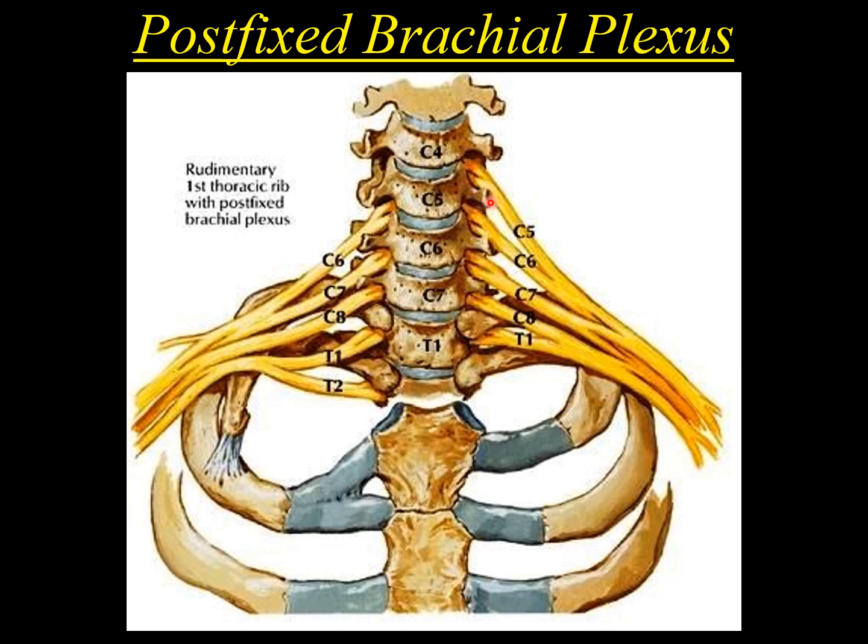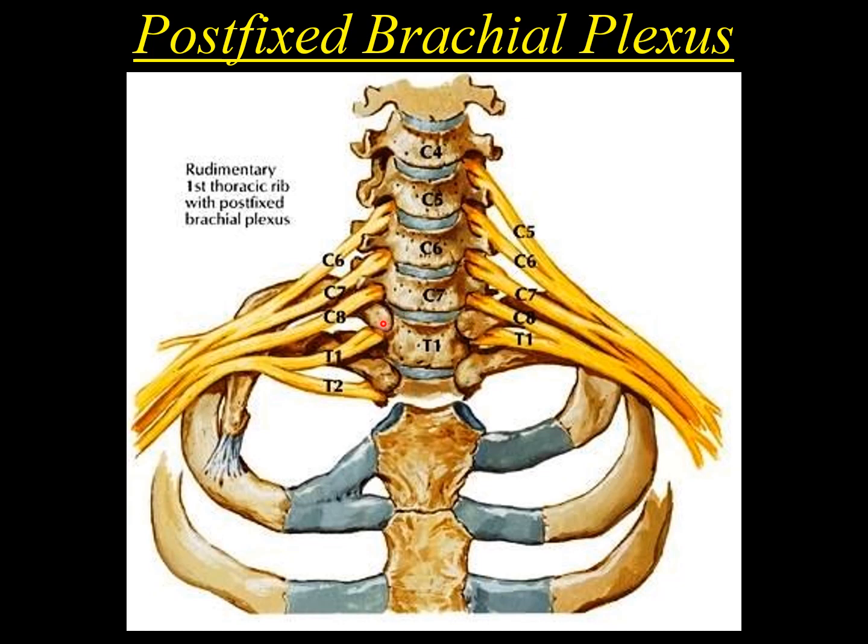Normally, the first rib is attached to the first thoracic vertebra, but in some cases the first rib is attached not to the first thoracic vertebra but higher up to the 7th cervical vertebra.